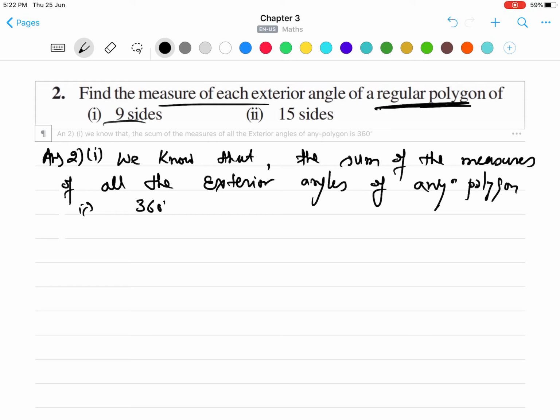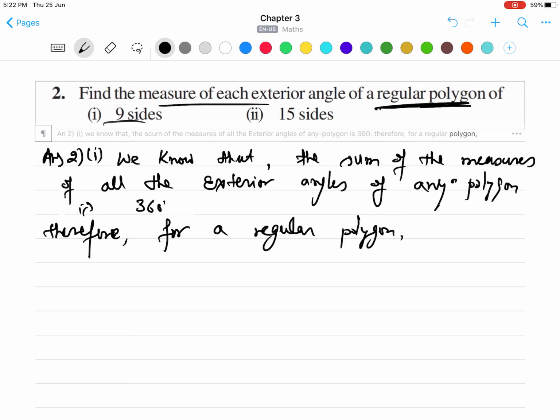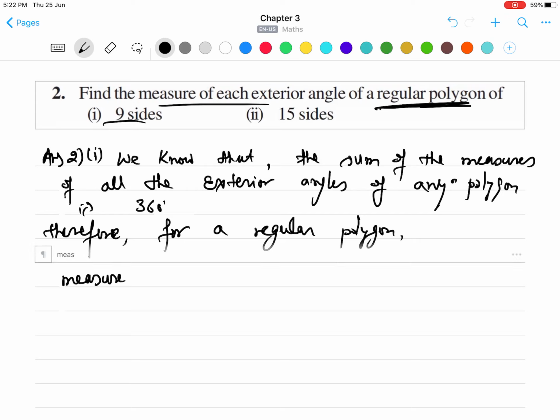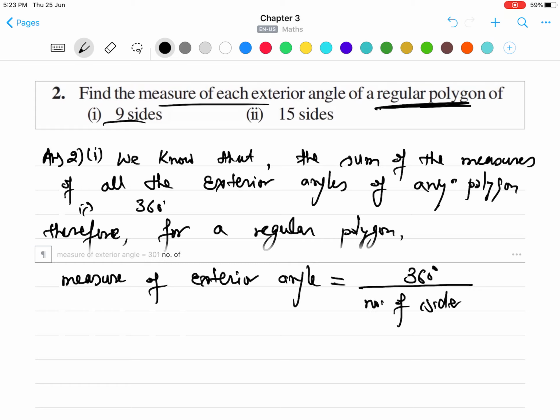Therefore, for a regular polygon, the measure of an exterior angle will be given by 360 degrees divided by the number of sides.